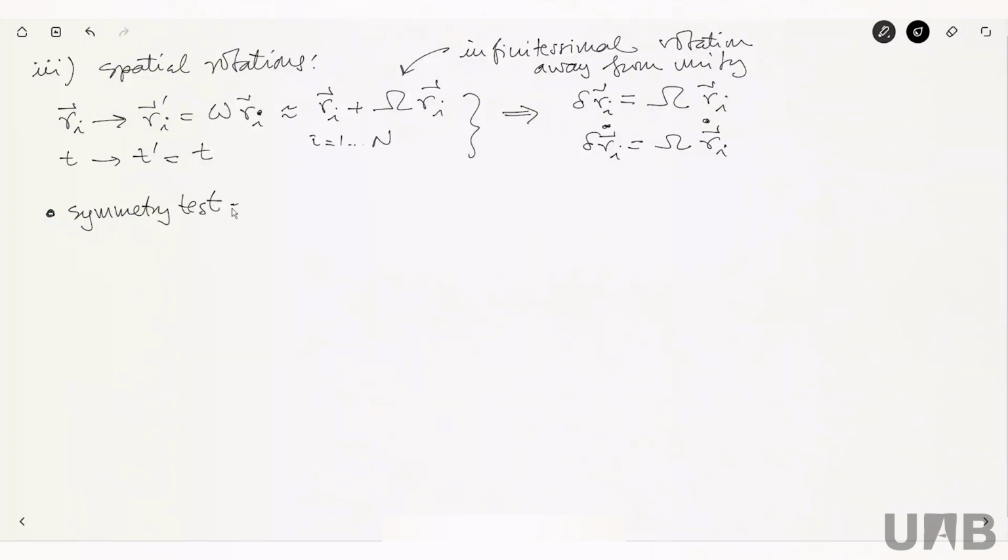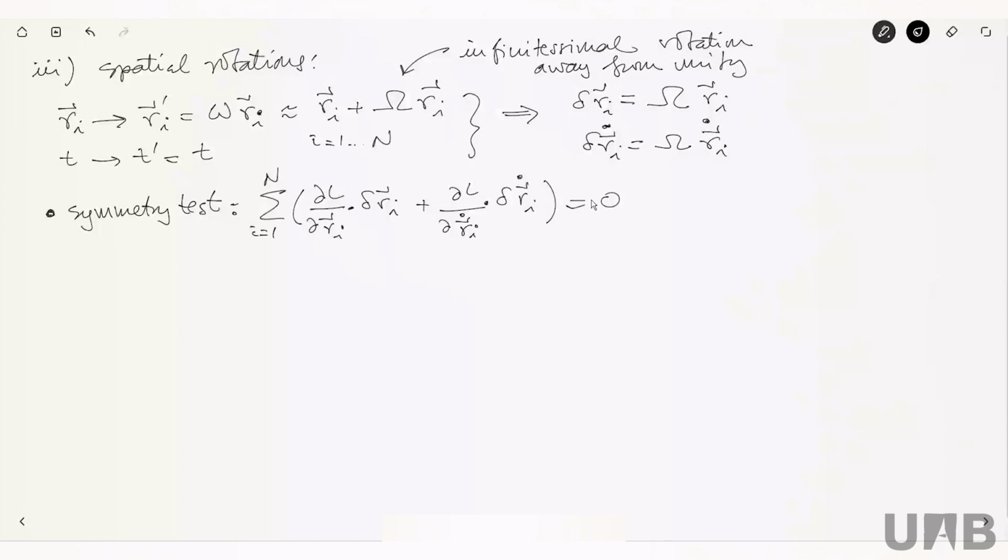The expression for the symmetry test is the derivative of L with respect to Ri, delta Ri. Let me write it down. Sum from 1 up to n, plus the derivative of L with respect to Ri dot, delta Ri dot. This is a dot product, huh? And this has to be 0 because there is no other variation.